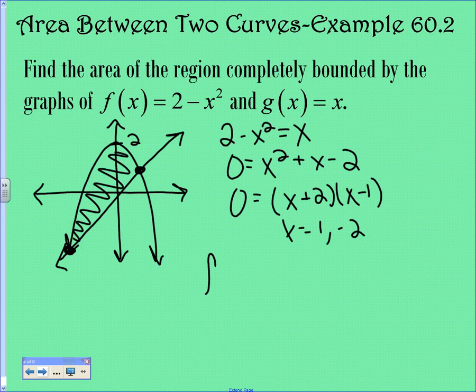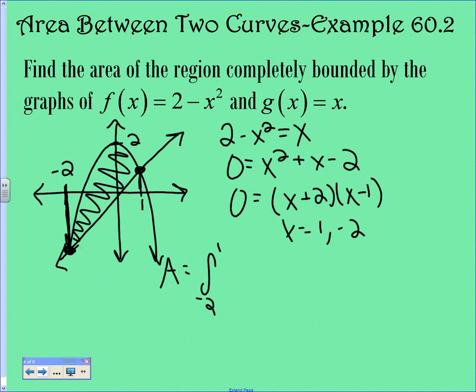So this number is what? A negative 2. And then this one is your 1. So our area is from negative 2 to 1.